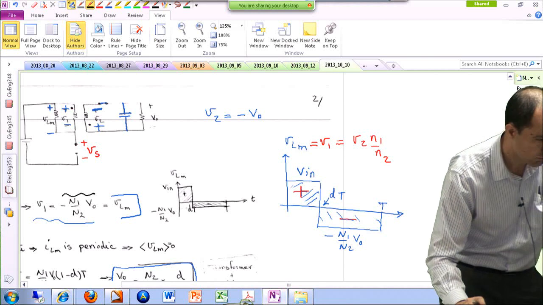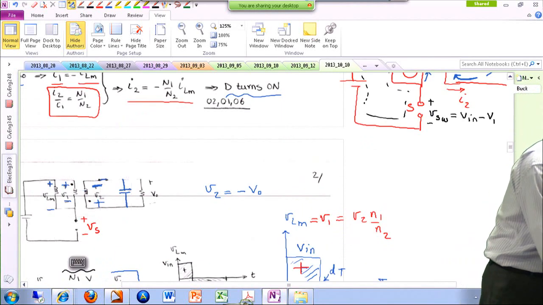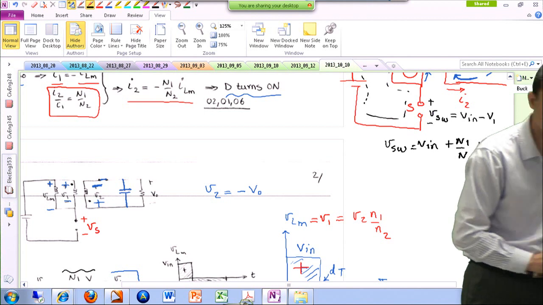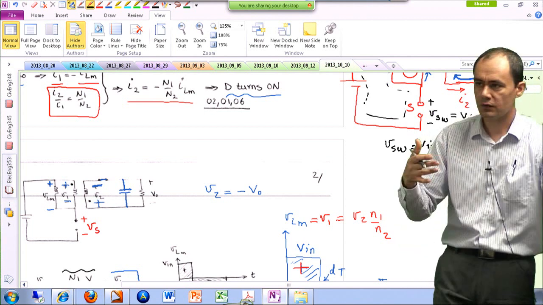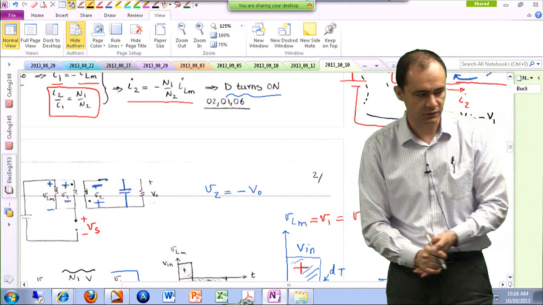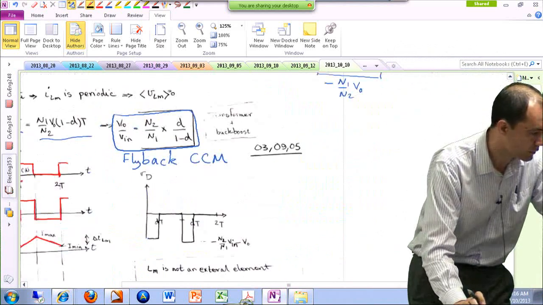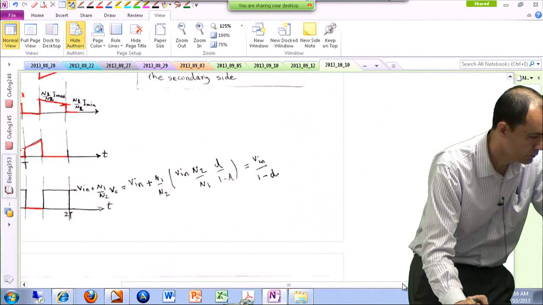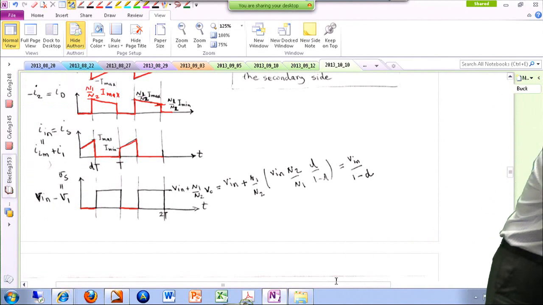So if you just replace it, the voltage of the switch is Vin plus N1 over N2 times Vout. So when the switch is off, obviously it should be blocking some positive voltage, and this is the value of that positive voltage. All right, so this gives me this level over here, okay?